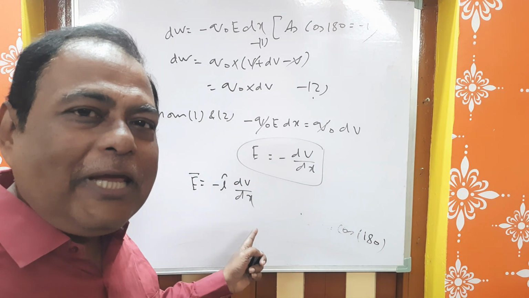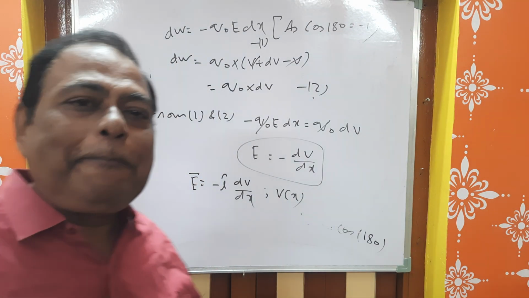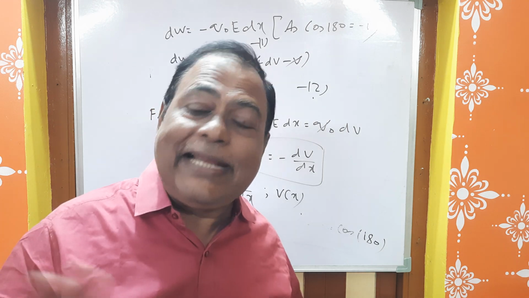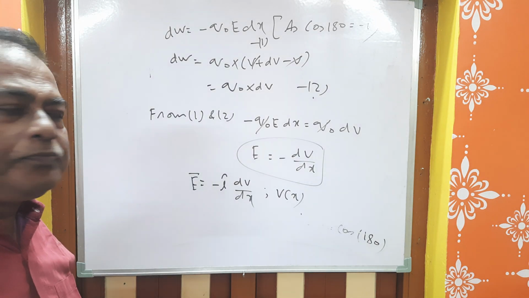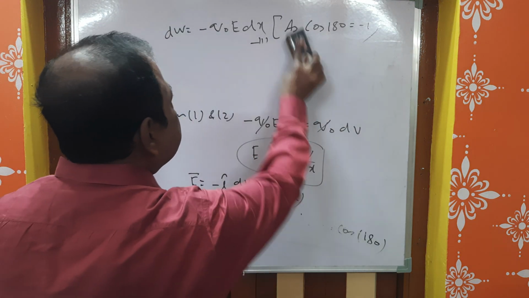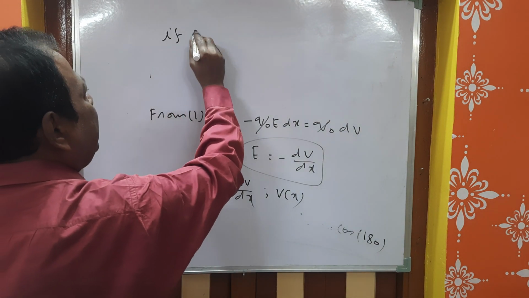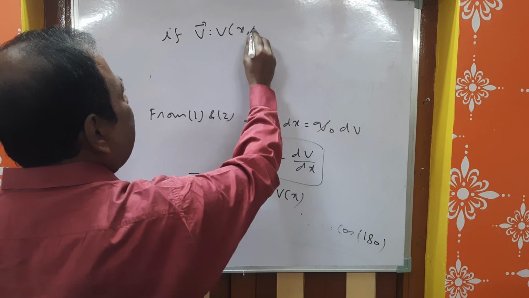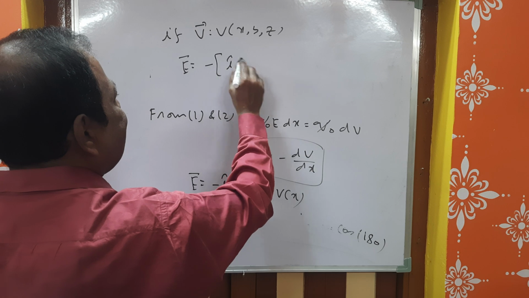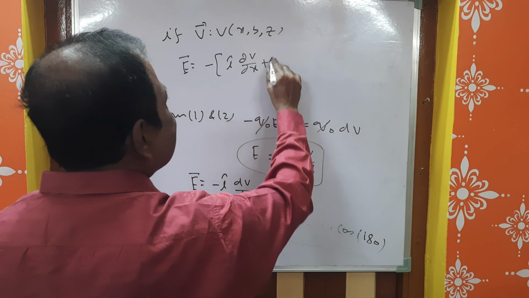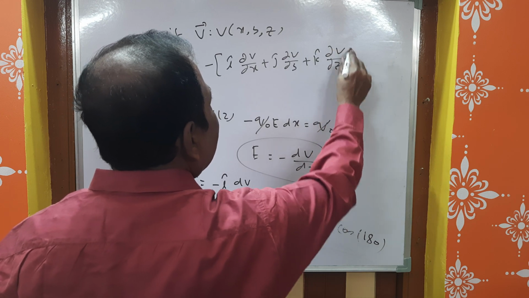Here I assume V is a function of x alone. But if V is a function of x, y, z, three-dimensional space, so I think students up to this clear to all of you, no problem. Okay. So if V is a function of x, y and z, then vector E is equal to minus i cap del V by del x plus j cap del V by del y plus k cap del V by del z.